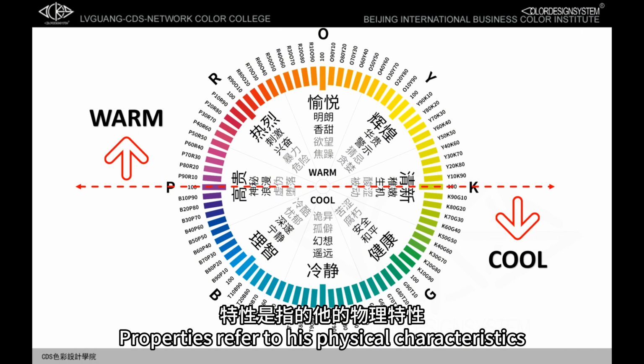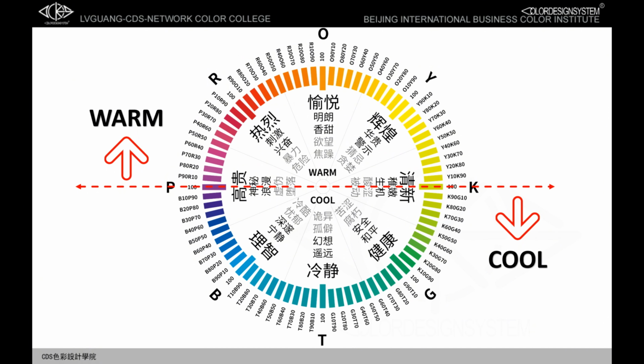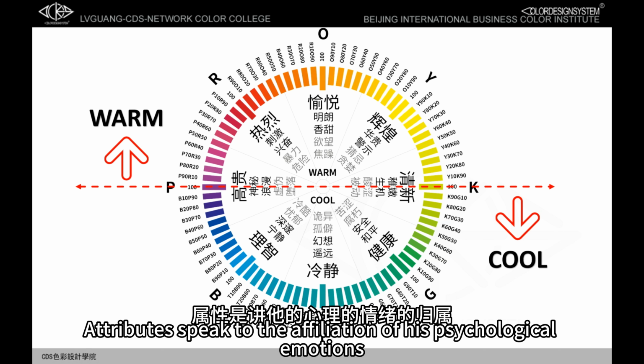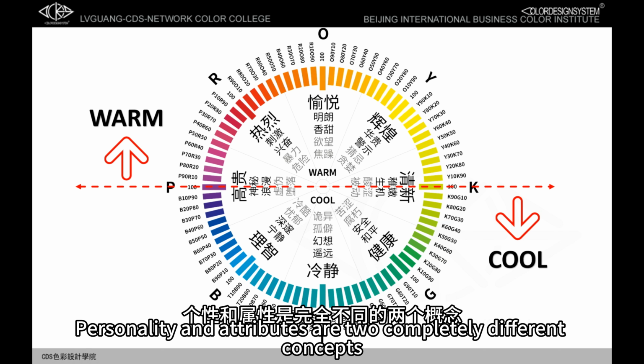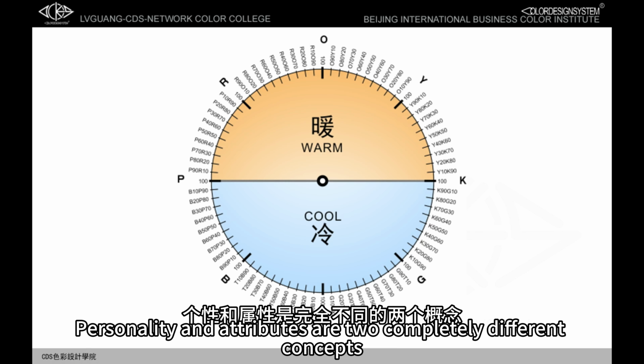Characteristics refer to its physical characteristics, while attributes speak to the affiliation of its psychological emotions. So characteristics and attributes are two completely different concepts.